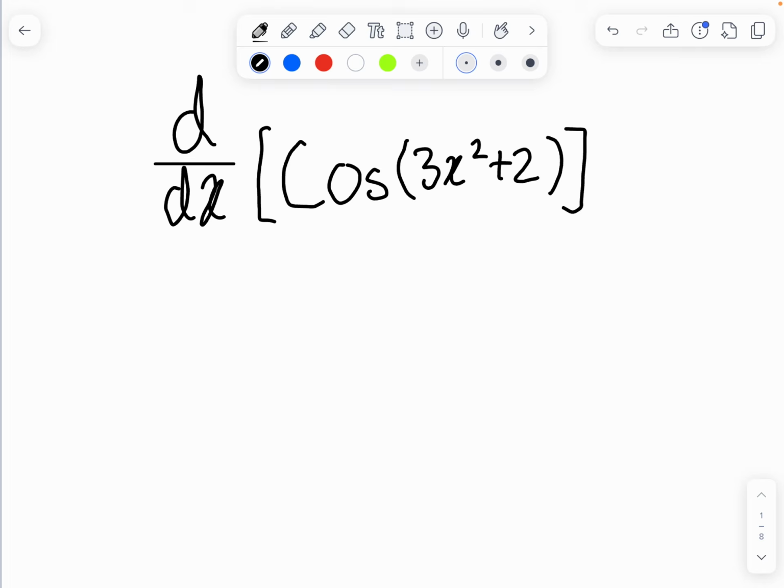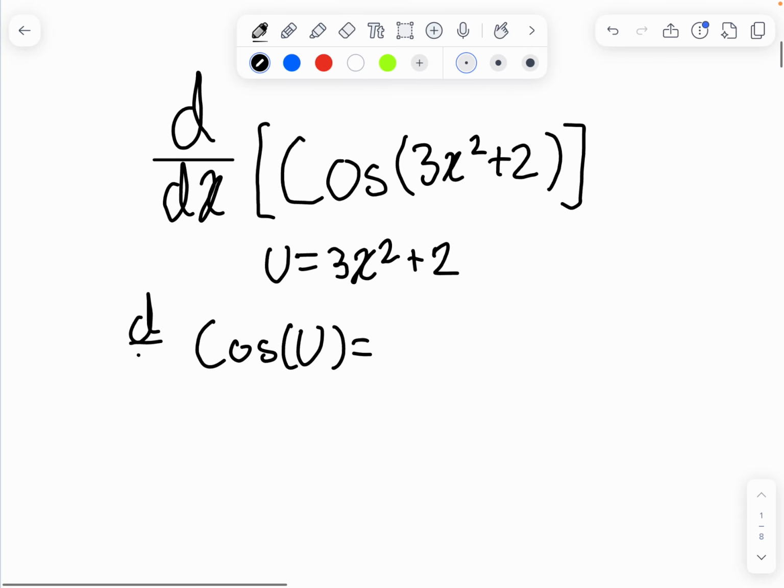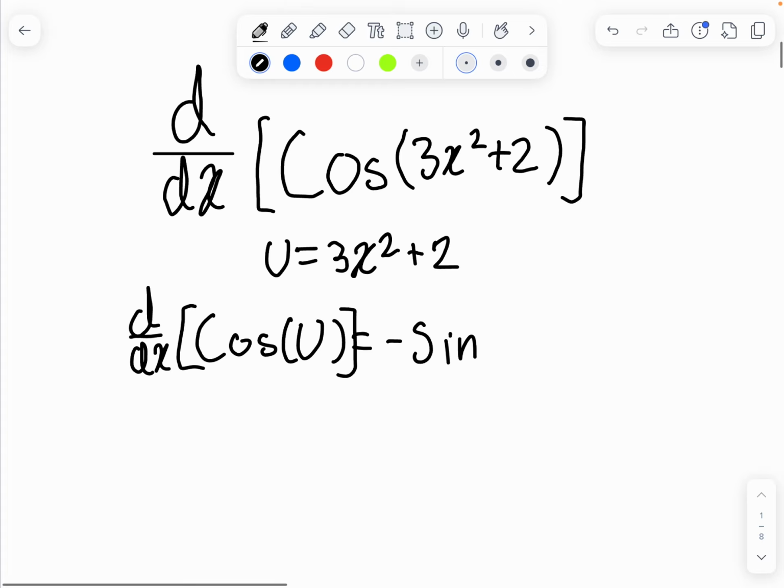Okay, hopefully you've paused the video, and let's get started. So first, as always, we need to differentiate the outside. If we let u equal 3x squared plus 2, then cos of u, if you differentiate it, would become negative sine of u.